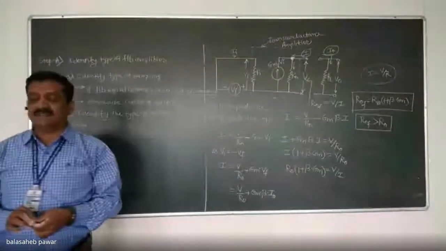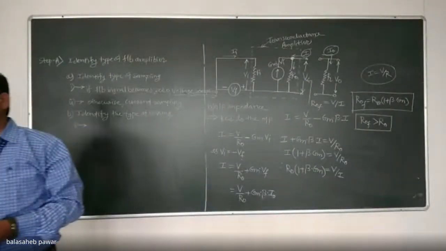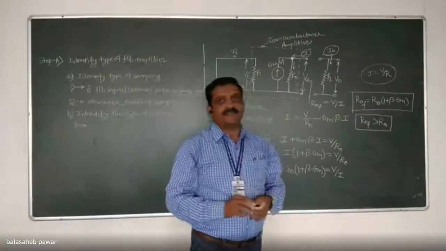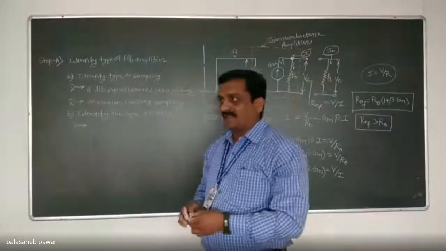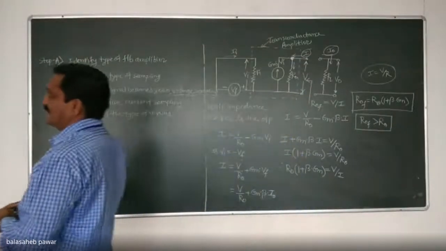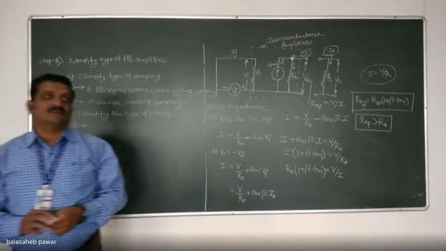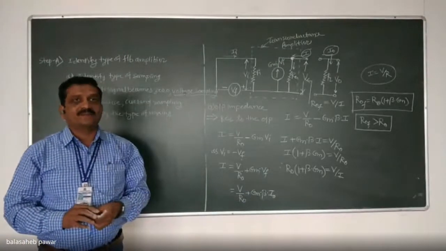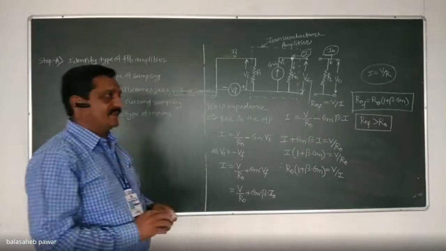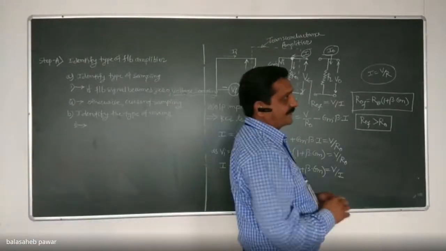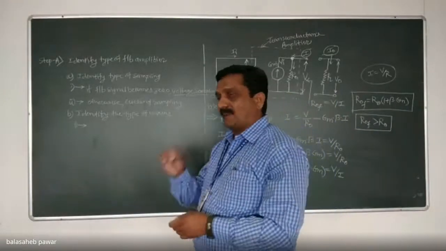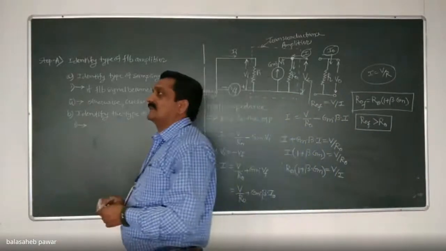Note down: if the feedback signal gets subtracted from the original signal source as a voltage, then it is series type of mixing.